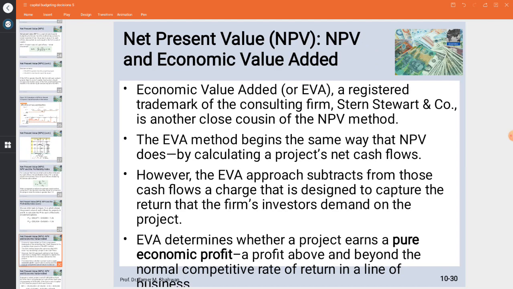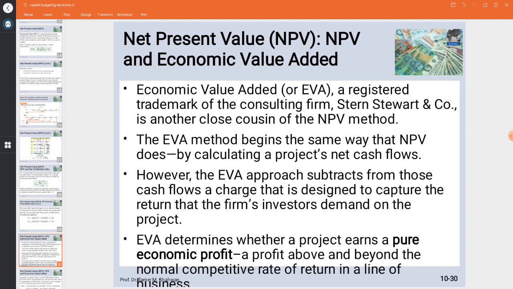However, in the EVA approach, we subtract from those cash flows the charge that is designed to capture the return that the firm's investors demand on these projects.